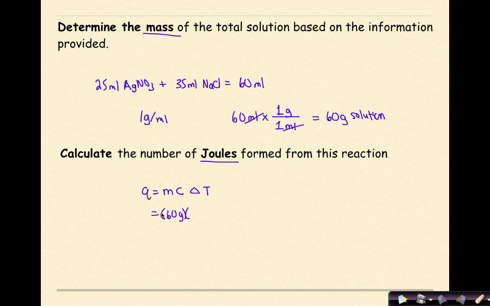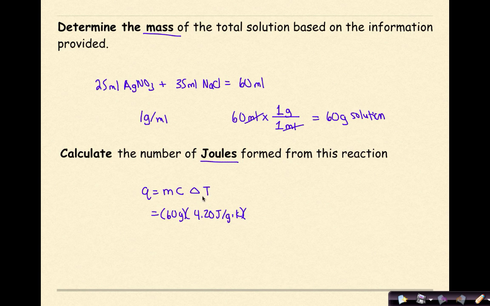They tell me back in the original problem that the heat capacity of the solution is 4.20 joules per gram Kelvin. And then finally, for my delta T, again going back to my original problem, they say that the temperature of the mixture rises 1.3 degrees Celsius, which is the same as 1.3 Kelvin. So they just give me my delta T here.